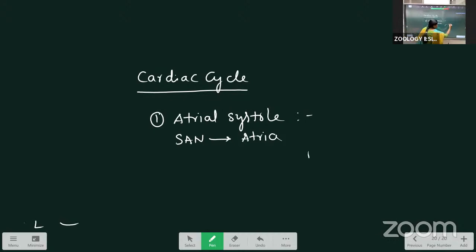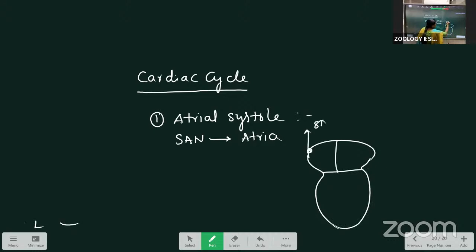I already drew the diagram. See this, this is the heart. Here it is the SAN, and this one is the AVN, the atrioventricular node. From the AVN the bundle of His is generated, which bifurcates into two and forms the Purkinje fibers.